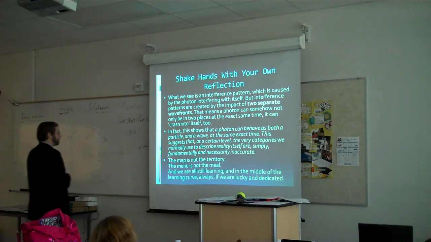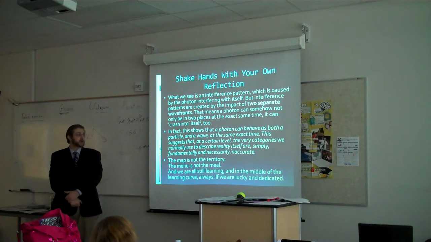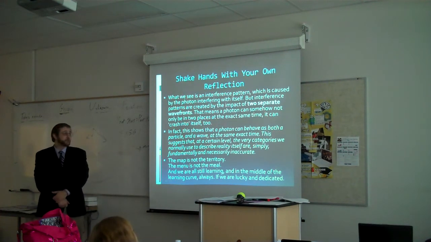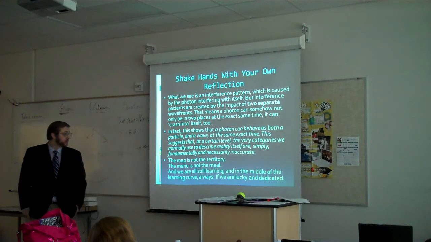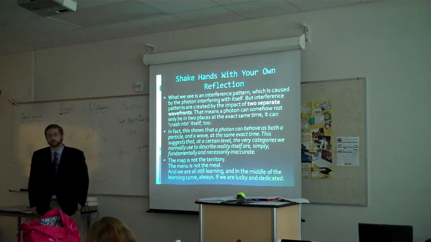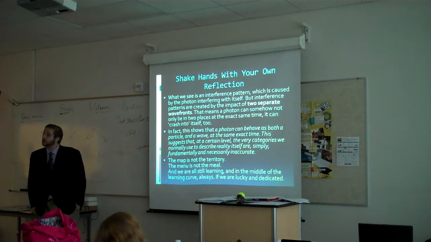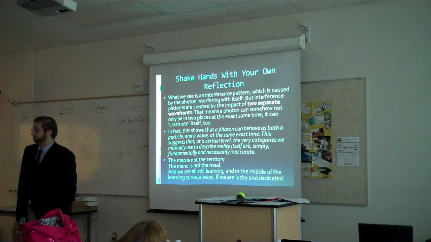And in fact, this shows that a photon can behave as both a wave and a particle at the exact same time. And this suggests that at a certain level, the very categories we normally use to describe reality itself are simply fundamentally and necessarily inaccurate.